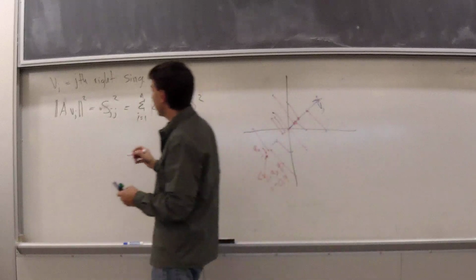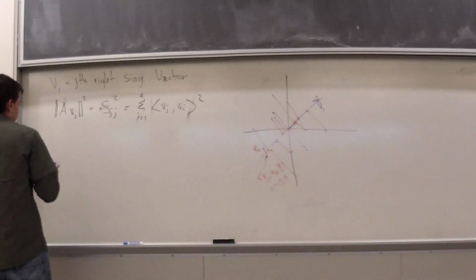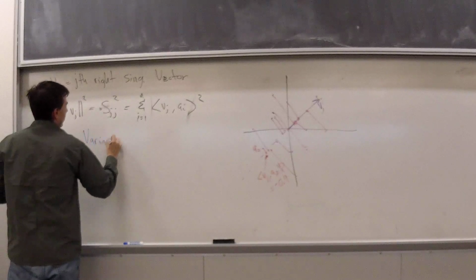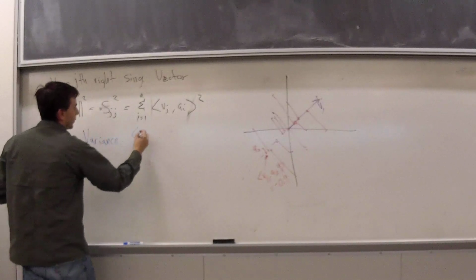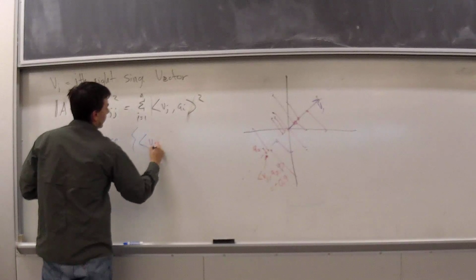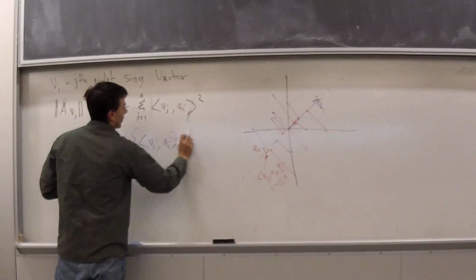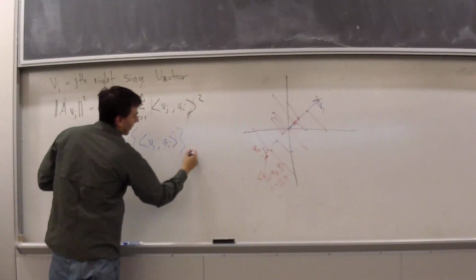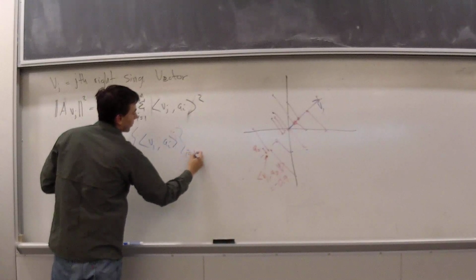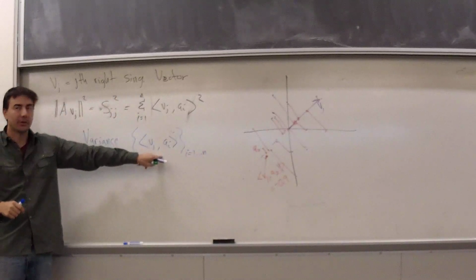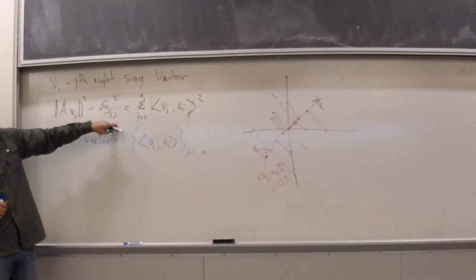So this is the variance of the set of vj dot ai for all i equals 1 to n. I find the set of these points projected onto this one-dimensional space, and this tells me the variance along this direction.